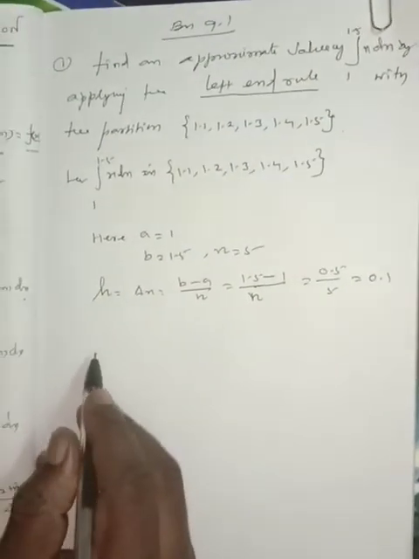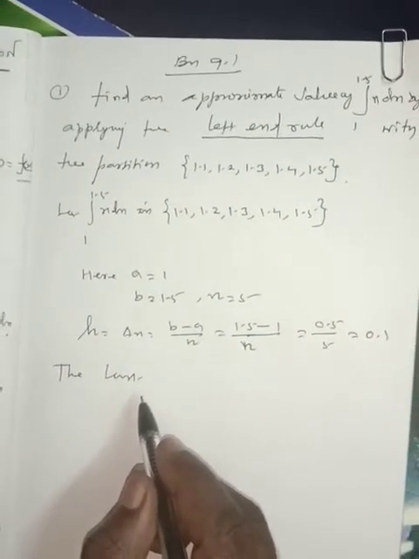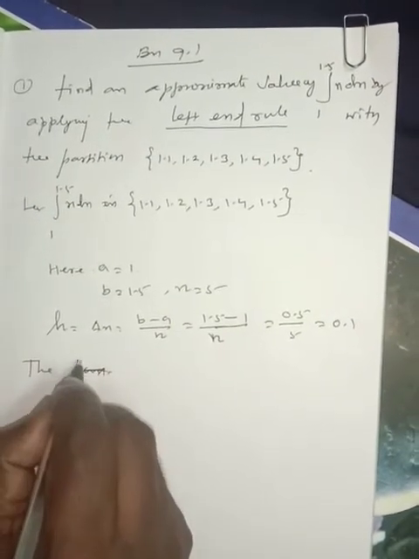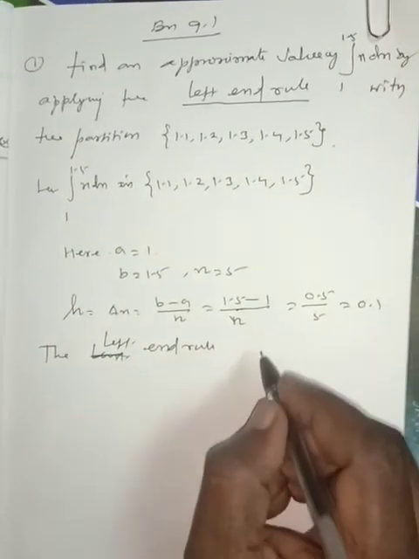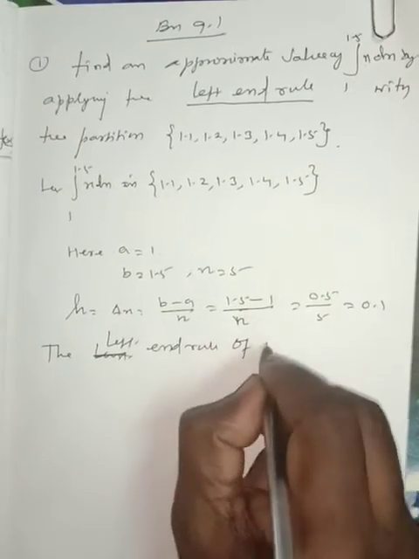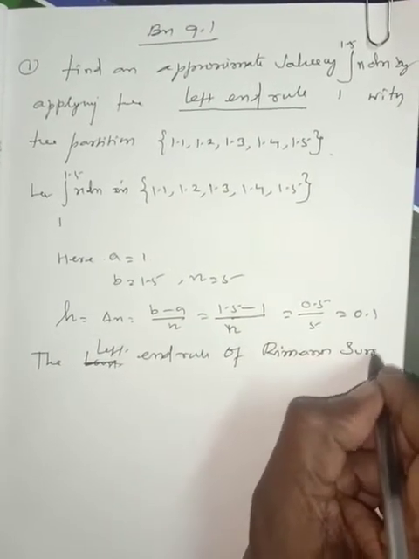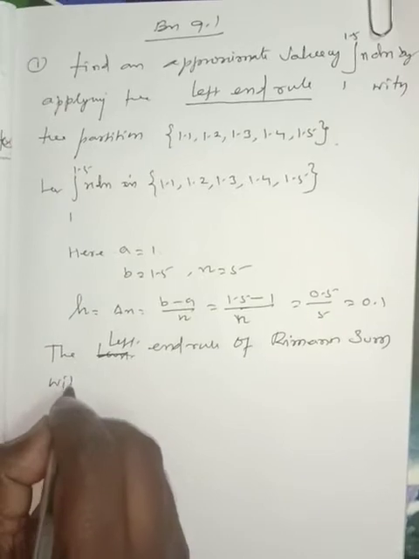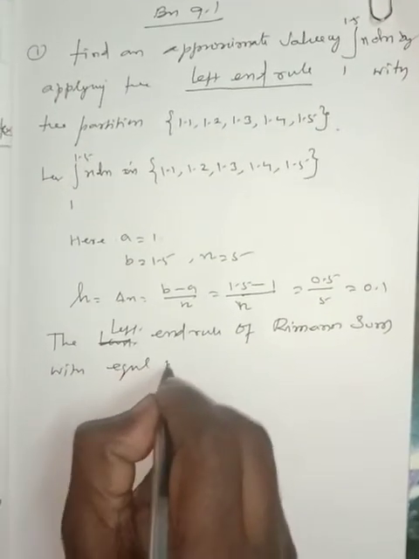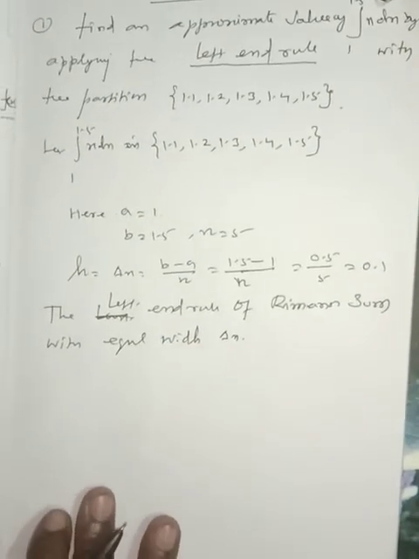Now the left hand rule of the Riemann sum with equal del x, where del x means the deviation.